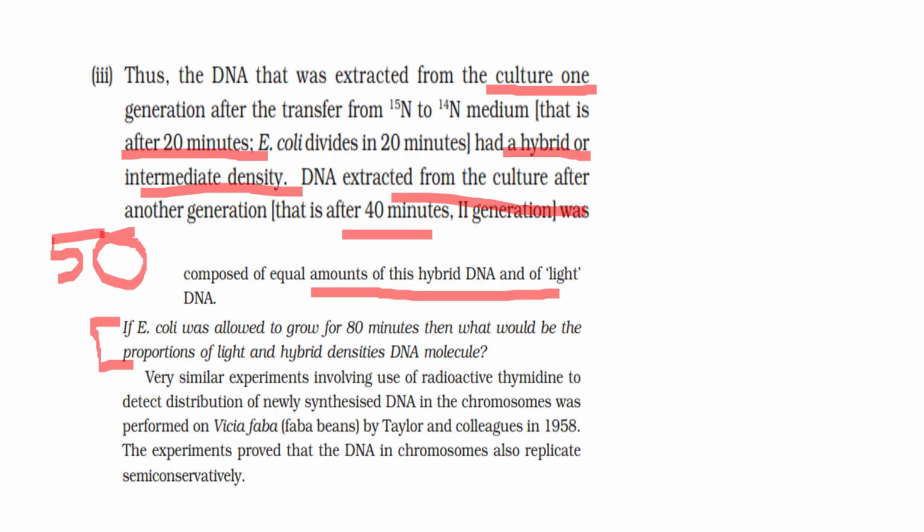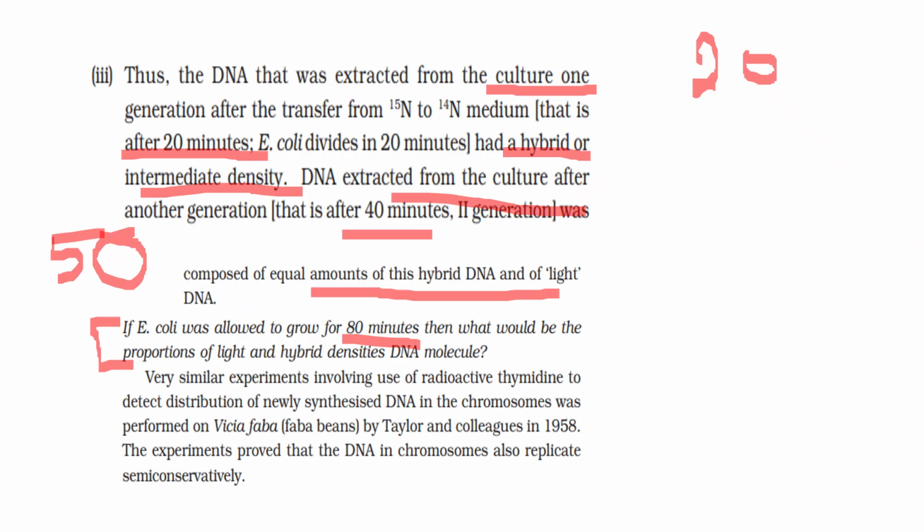If E. coli was allowed to grow for 80 minutes, what would happen? After the first 20 minutes, the hybrid character was 100%. After 40 minutes, the hybrid character was reduced to 50%. After another 20 minutes, that is after 60 minutes, the hybrid character was reduced to 25%.